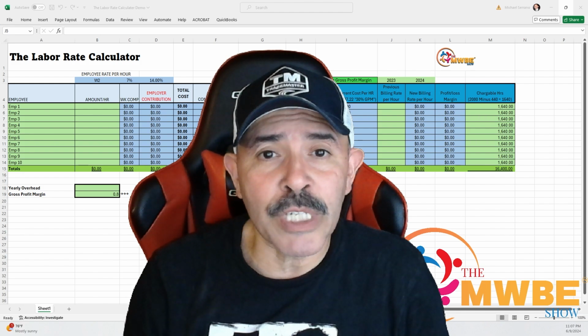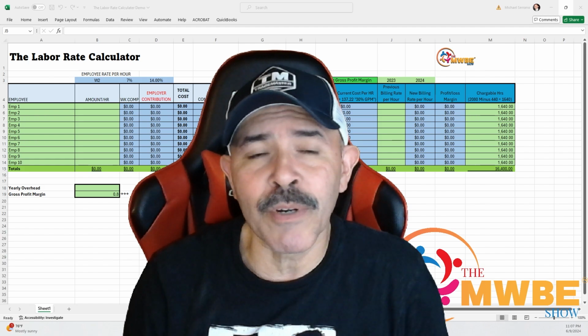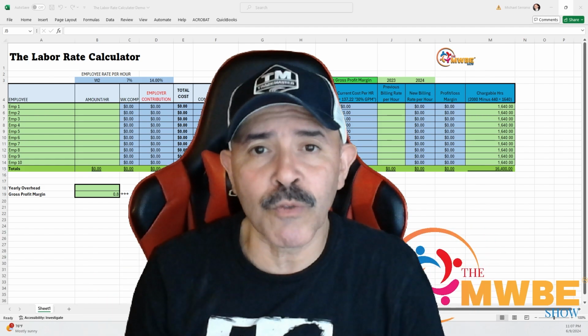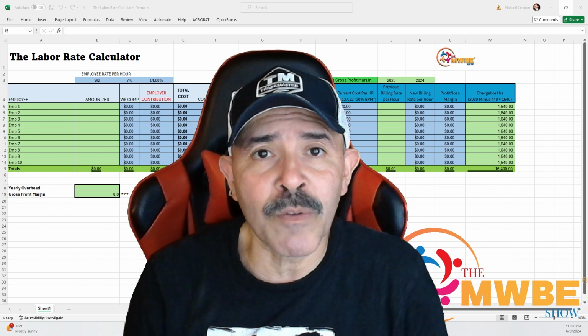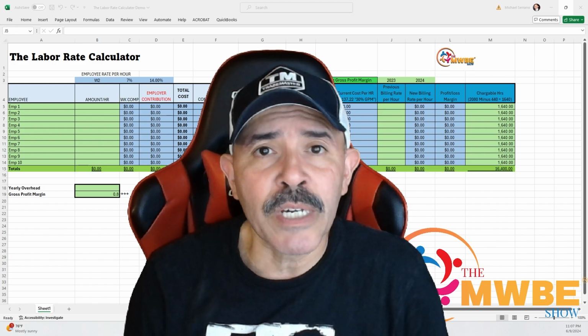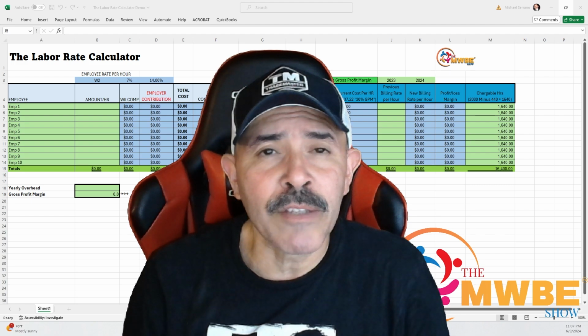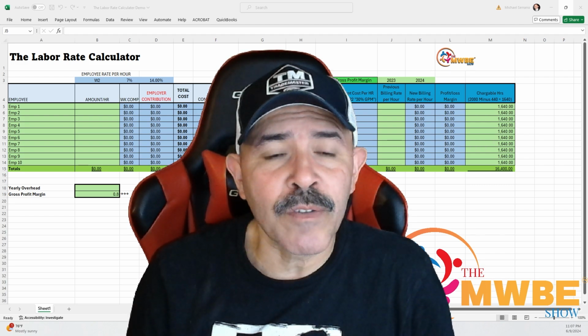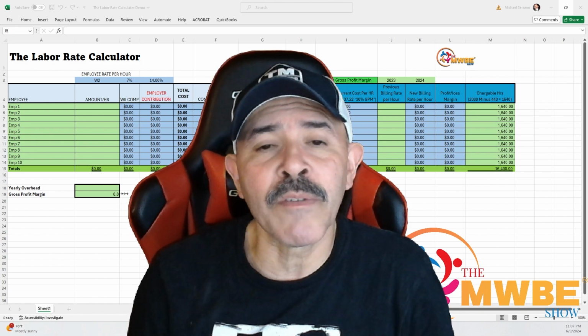So this sheet that I've put together, I did over a number of years. I have many, many tools. This is one of the simplest ones that I was able to figure out after collaborating with some other folks, looking at the way that they calculated labor, discussing with accountants about how things work, discussing this with payroll companies.